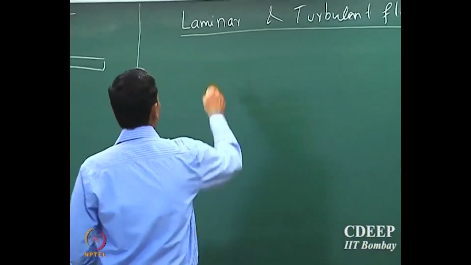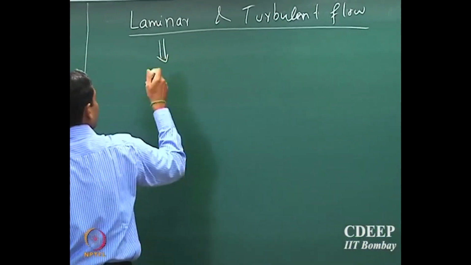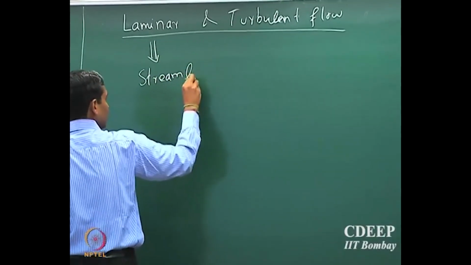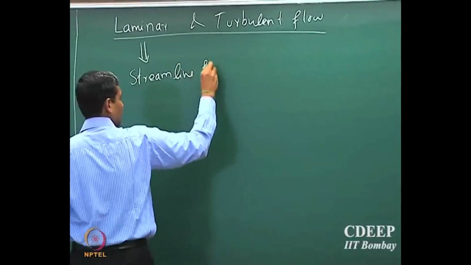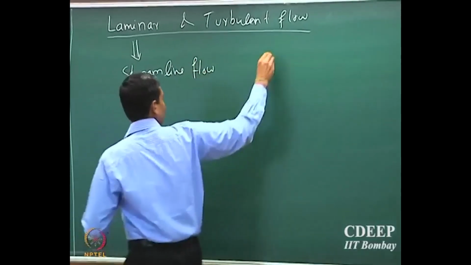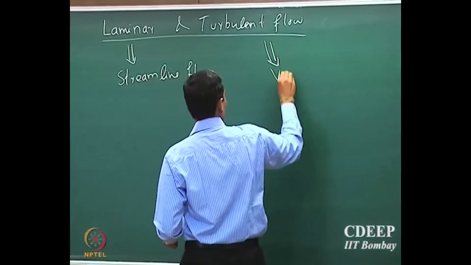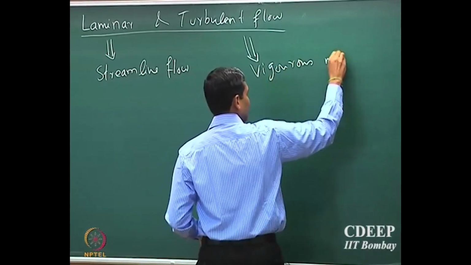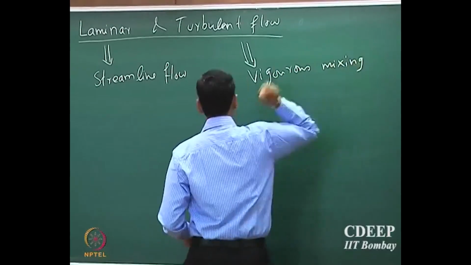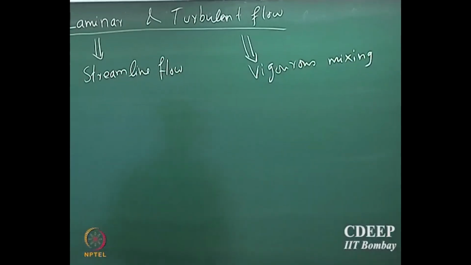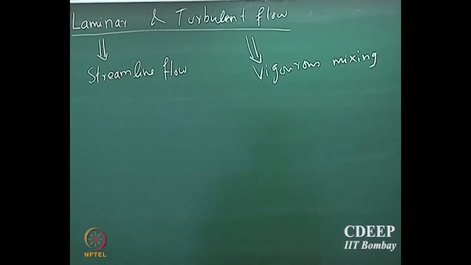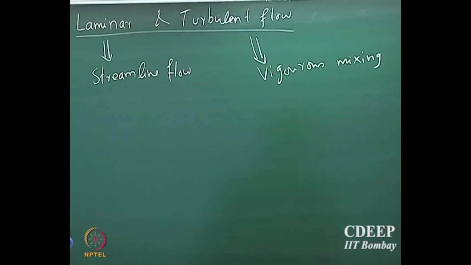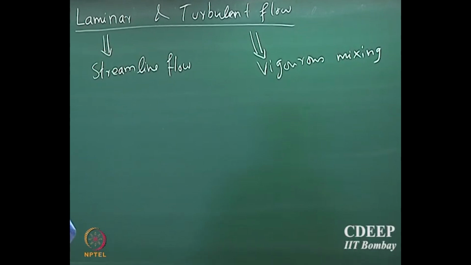Laminar flow is essentially a streamline flow, while there is vigorous mixing of fluid particles in the turbulent regime. Any fluid flow can be either laminar or turbulent, and somewhere in between is the transition region.